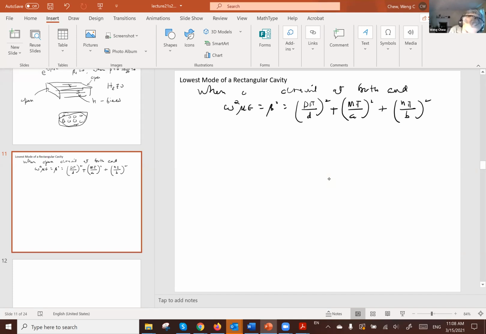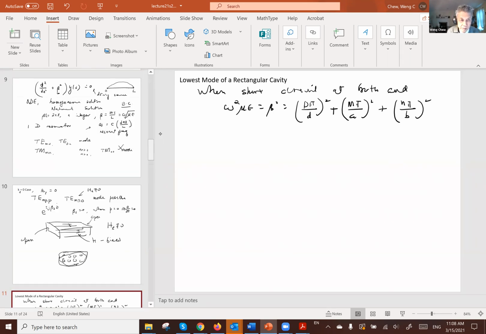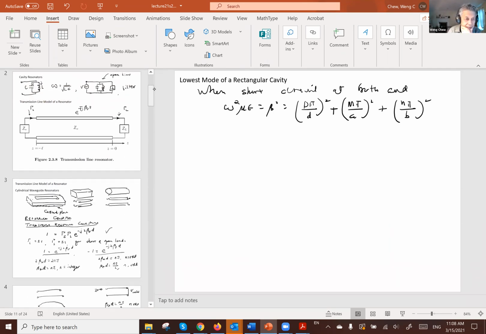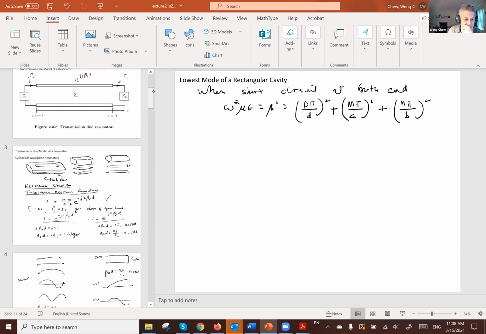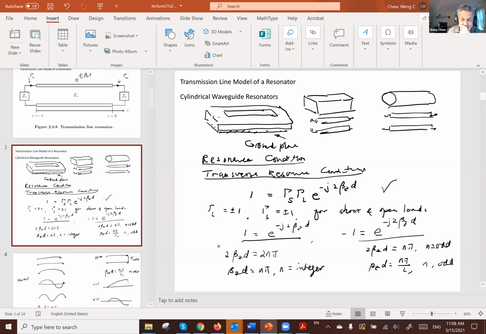Sorry, it should be short circuit. When we have short circuit at both ends, then that should be the resonance condition, because we went through this process in the beginning saying that if we have short circuits, which is the first example over here, then this becomes a 1, because when you have a short circuit, this is -1, this is -1. This equation becomes that.